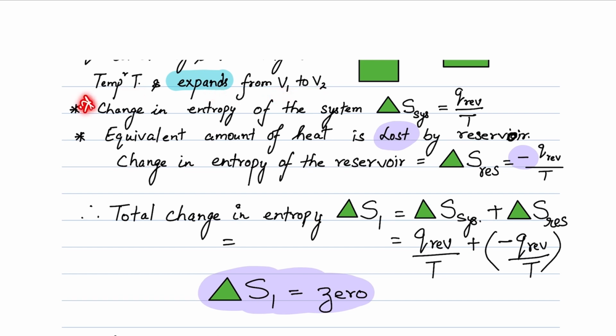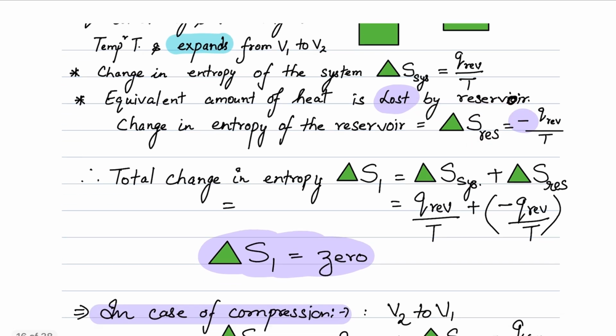So the change in the entropy of the system, delta S of system, is Q reversible by T. The equivalent amount of heat will be lost by the reservoir. So the change in the entropy of the reservoir will be equal to minus Q reversible by T, because heat is lost in this case. So there is a negative sign.